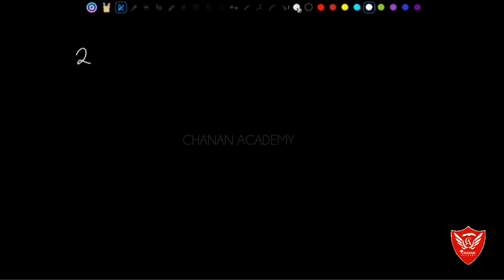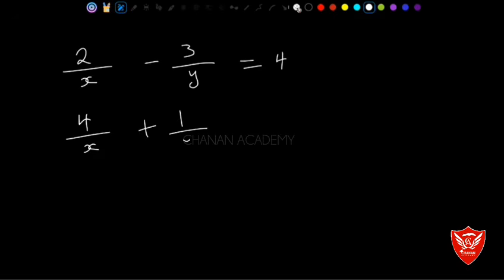Suppose we have 2 over x minus 3 over y equal 4, and then we also have 4 over x plus 1 over y equal 1, and we are asked to solve these simultaneous equations. Now you can see that the denominators are the variables.